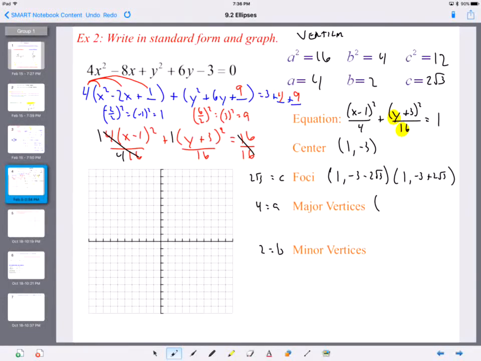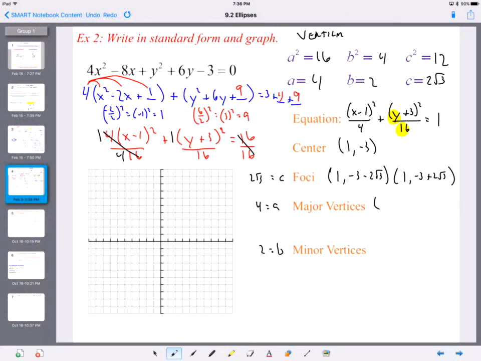The major, you're going to add the 4 and add the 4 to the 1 and subtract it. So 1 minus 4 is negative 3, and then 1 plus 4 is 5. But I messed up because we're supposed to, whoops, let's just fix all of this. We're supposed to be changing the y value. I actually changed the x value, so I'm going to change the y value.